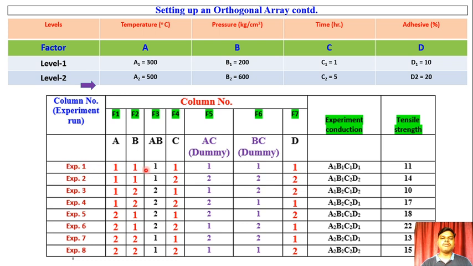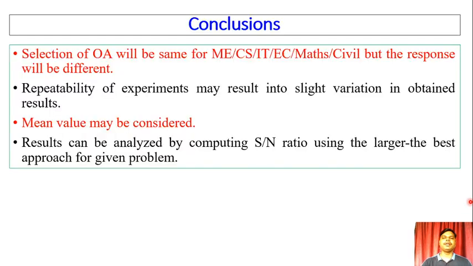Say in first time it is 11.0, in second time it comes out to be 10.99, in third time it comes out to be 11.1. So we'll make an average of these 3 values, and then this mean value will be written here. So for all the cases we can find out the mean value and use accordingly.